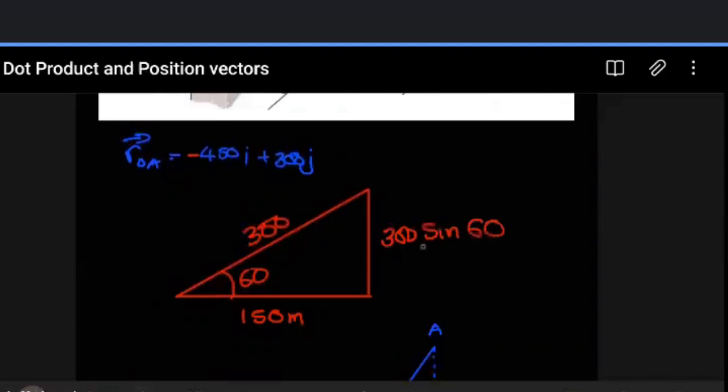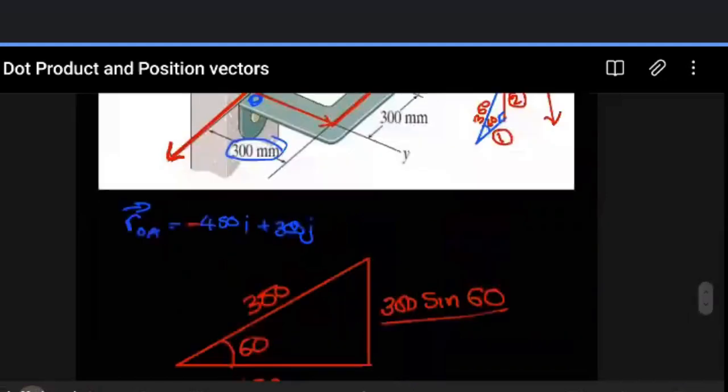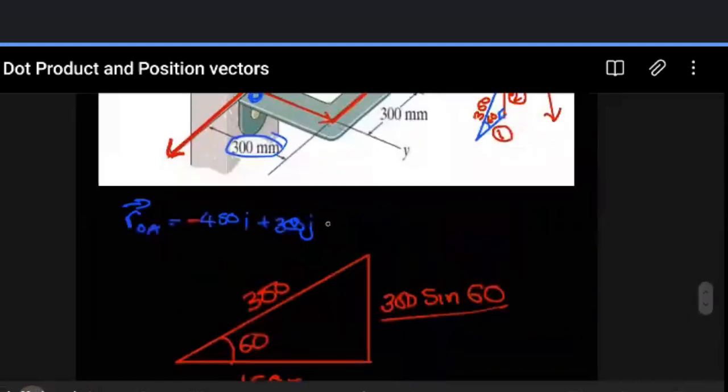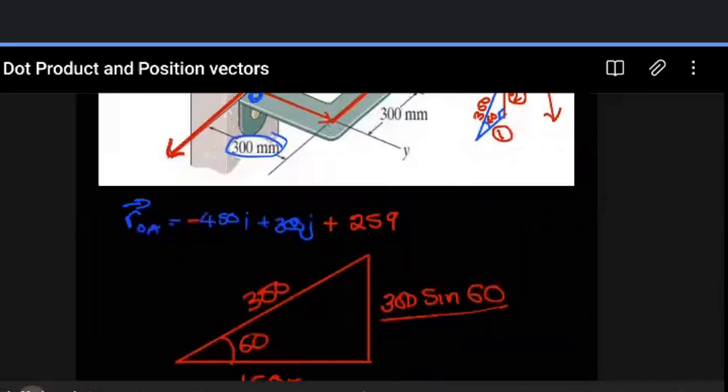This is what is going to give us the vertical part. So what is 300 sine 60? 259.81. 259.8. Since it is up, it is positive. This is in the k direction.